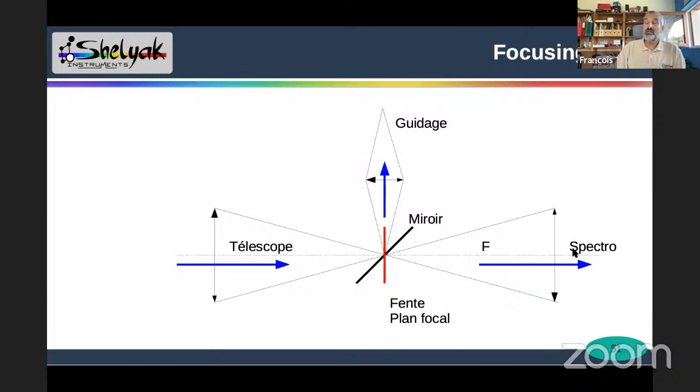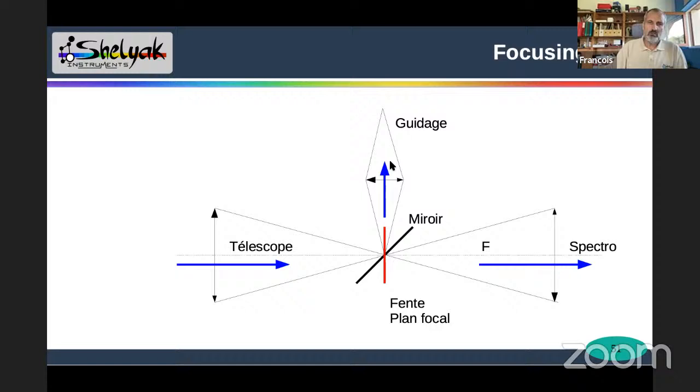First, independently, you can focus the spectro in order to have sharp images of the slit, which means sharp emission lines, for instance, if you are using some calibration line. So very often we use calibration lights at the input, and we focus the spectroscope in order to have sharp lines. So this one is easy.